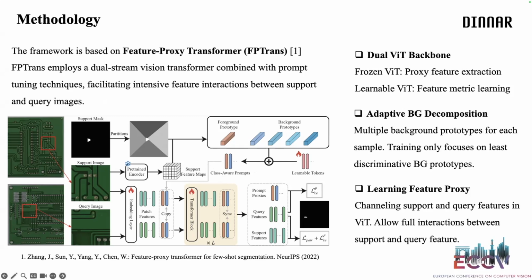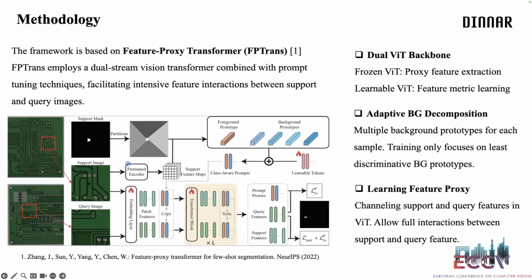After that, encoder B, which is the encoder on the bottom, is a learnable one and serves as the main learning process. It will extract the patch features from both support and query images. Before entering the first transformer block, the proxy features we previously generated are copied and concatenated to support and query patches separately.